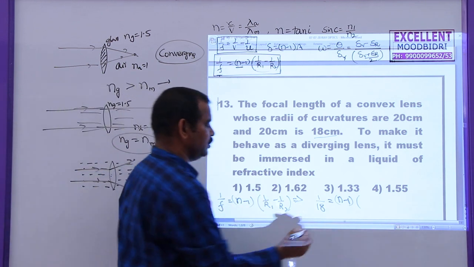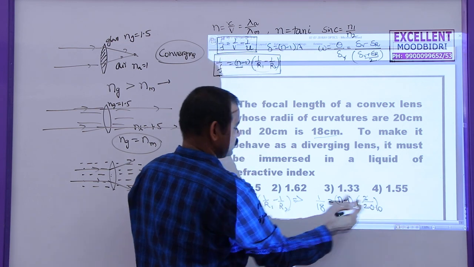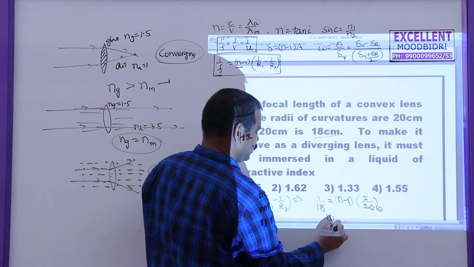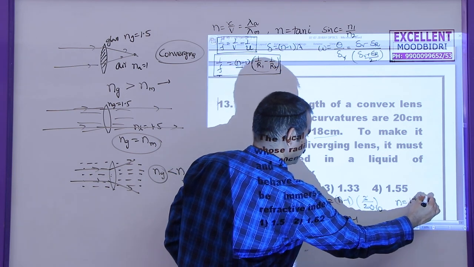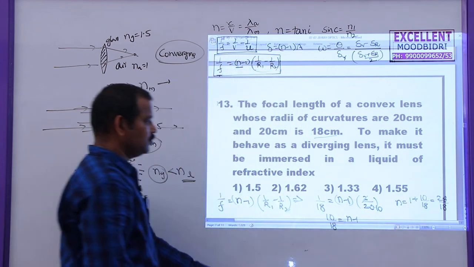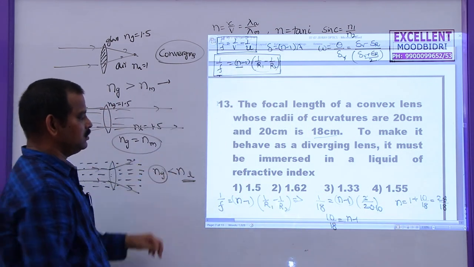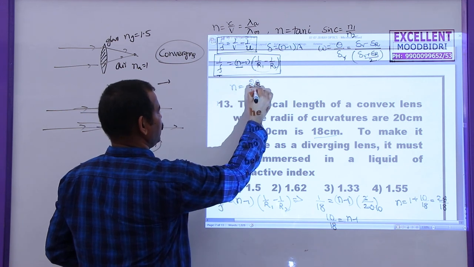So this is 2 by 20, 2 ones are 2 tens. So this will become 10 by 18 is equal to n minus 1. n is equal to 1 plus 10 by 18. That is 28 by 18. So the refractive index of this lens is given by n is equal to 28 by 18.